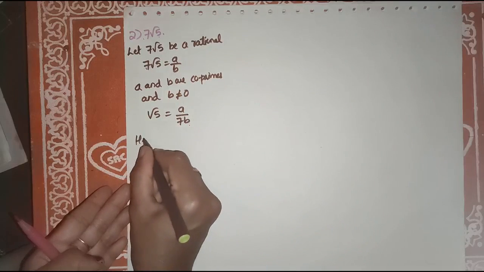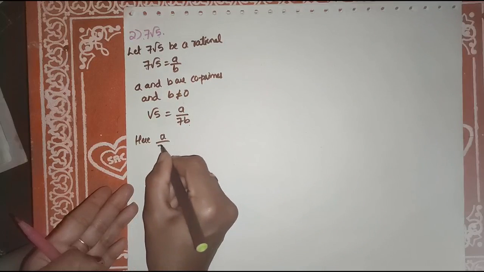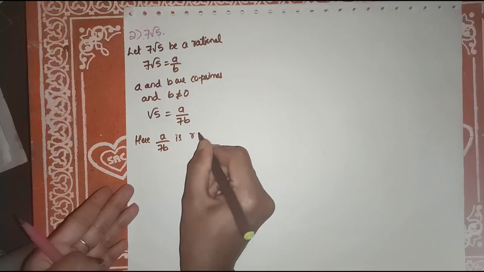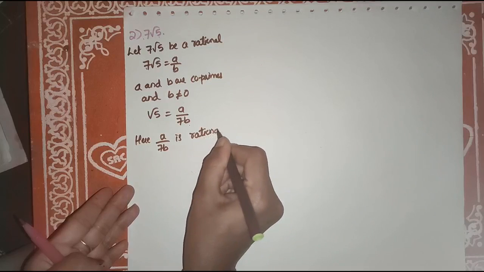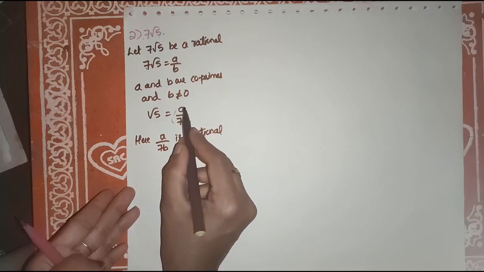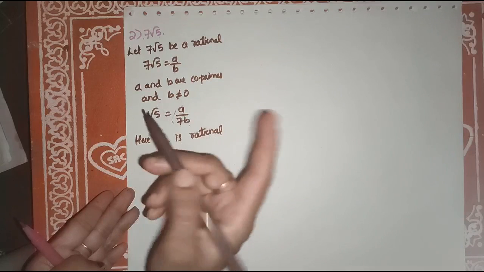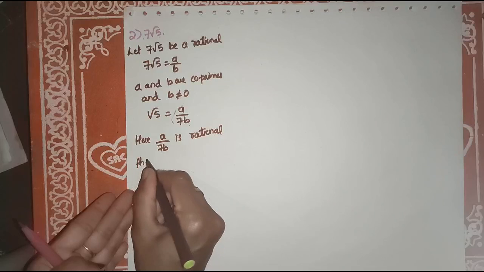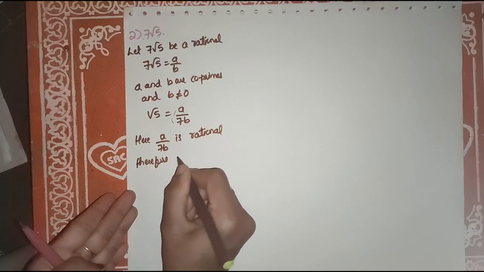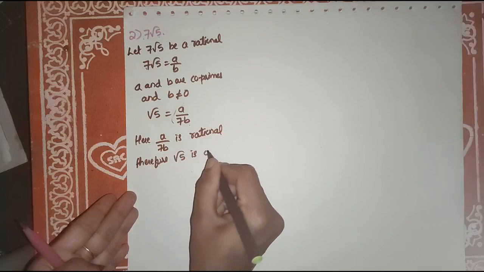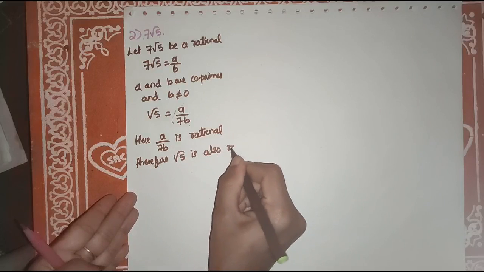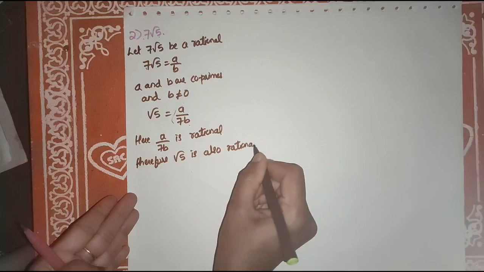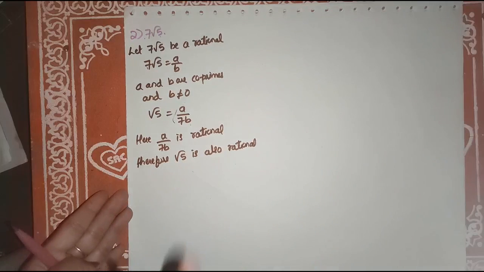So a divided by 7b is rational, and it is equal to root 5. Therefore root 5 is also rational. But we know that root 5 is irrational.